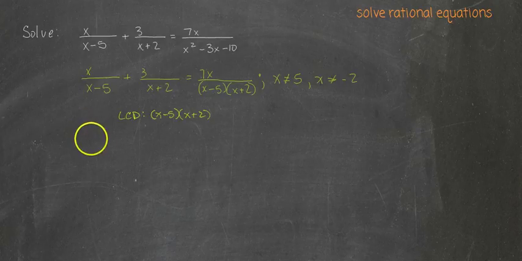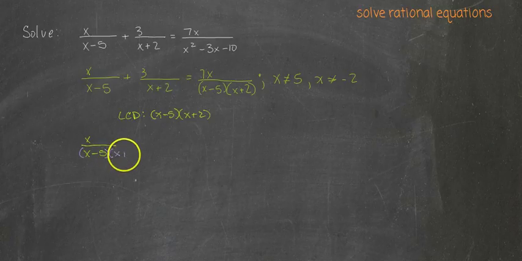So if I rewrite this function, creating the lowest common denominator means that I'm going to multiply the first fraction by an expression of 1 in the form of x plus 2. So all I've done is multiply the first fraction by 1.